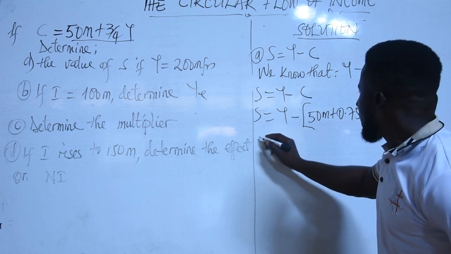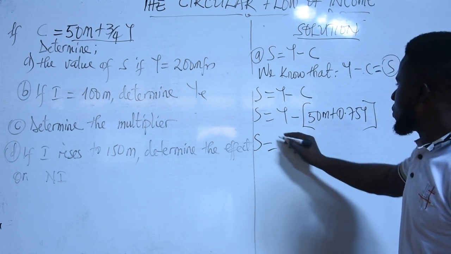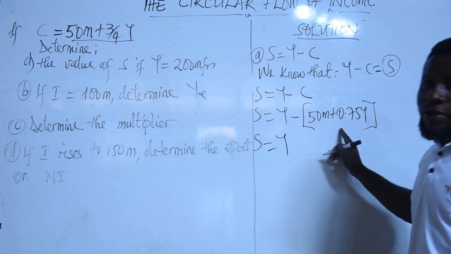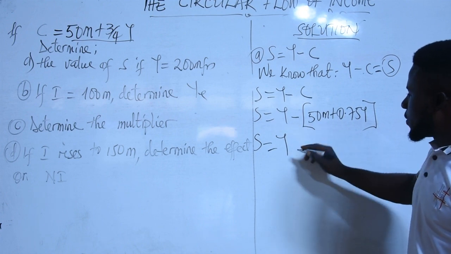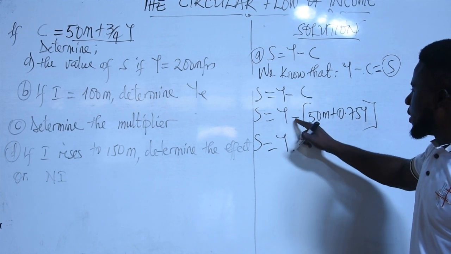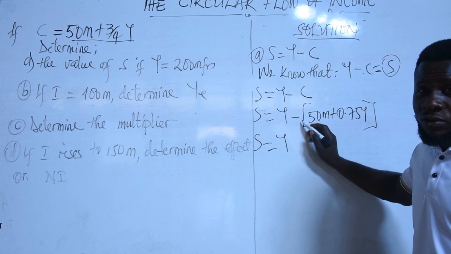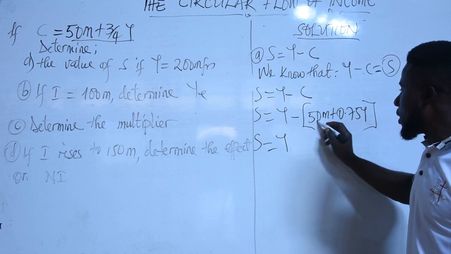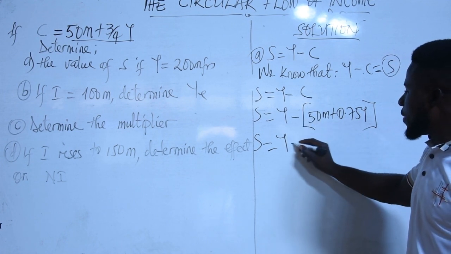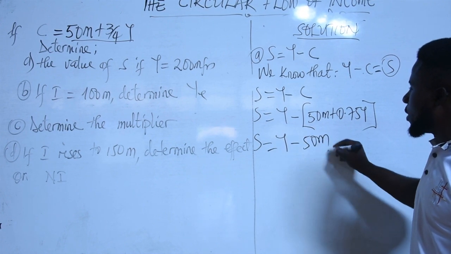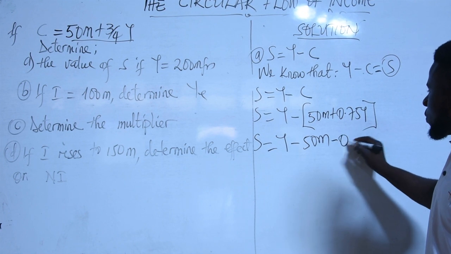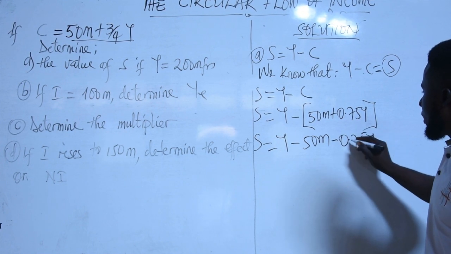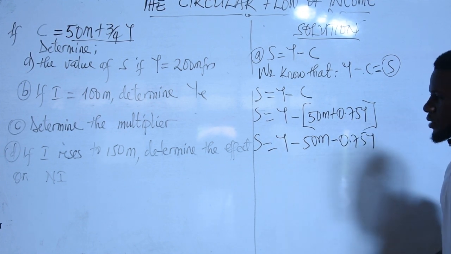And then we say S is equal to Y. Let us open these brackets by multiplying by negative. We consider this to be negative 1. Negative 1 times 50 million, we have negative 50 million. Negative multiplies 0.75Y, minus 0.75Y. So we have opened our brackets.